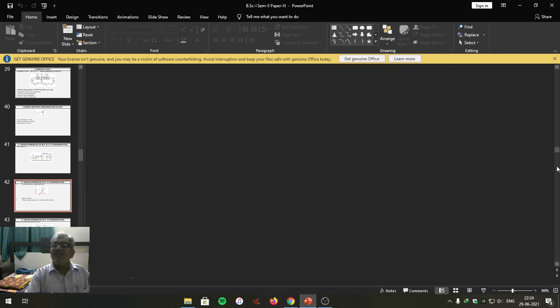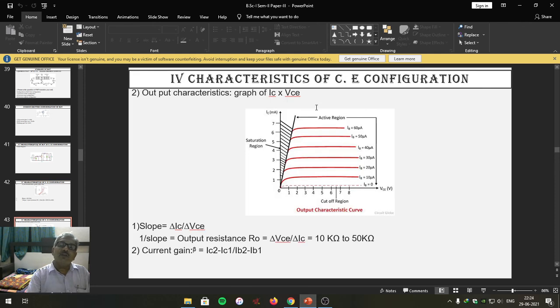We also plotted the output characteristics and interpreted them. Both characteristics explain the working of BJT. That is why they are called the characteristics of BJT. As it is used in common emitter configuration, those graphs are called IV characteristics of BJT in common emitter configuration.